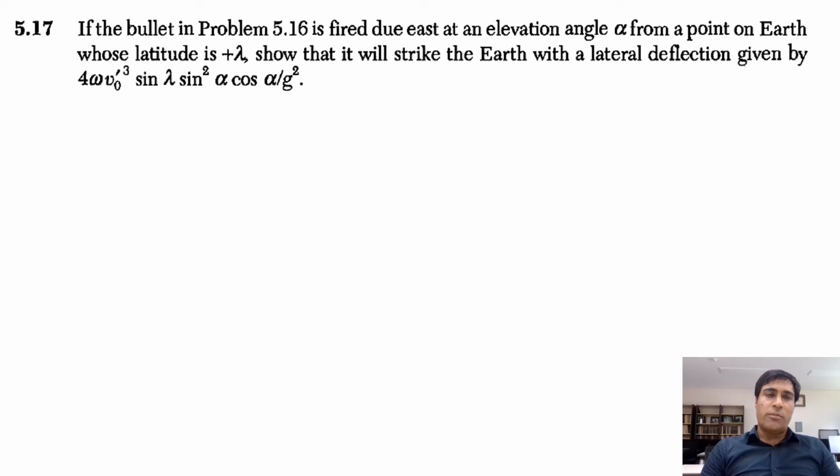The statement of this problem is that if the bullet in problem 5.16 is fired due east at an elevation angle alpha, from the point on earth whose latitude is lambda, show that it will strike the earth with a lateral deflection given by 4 omega v naught dash cube sine lambda sine square alpha cos alpha over g square.